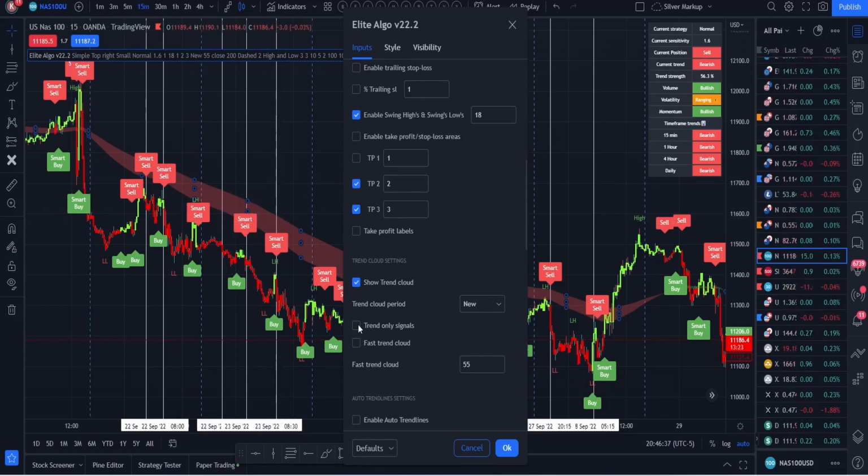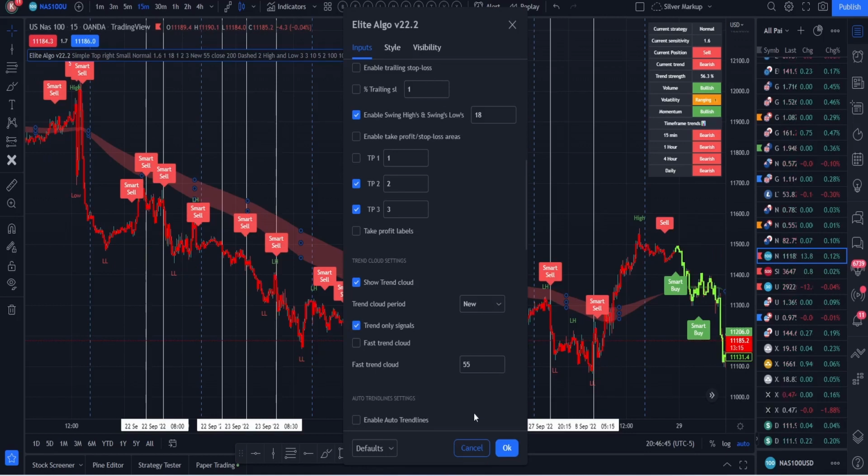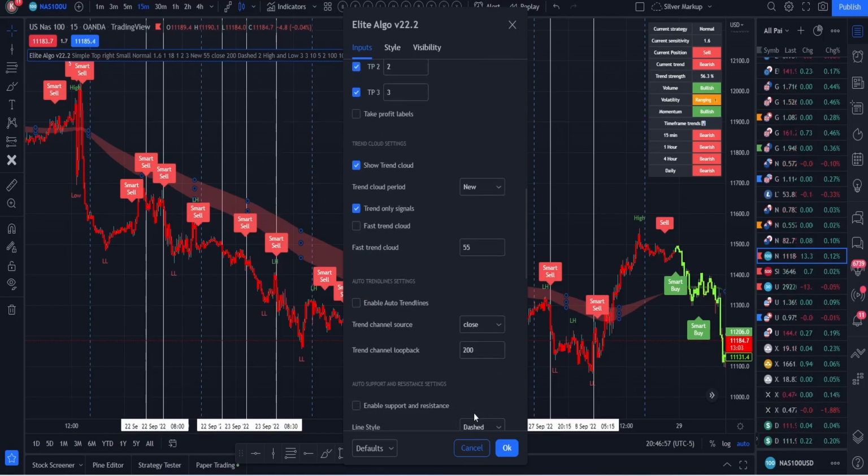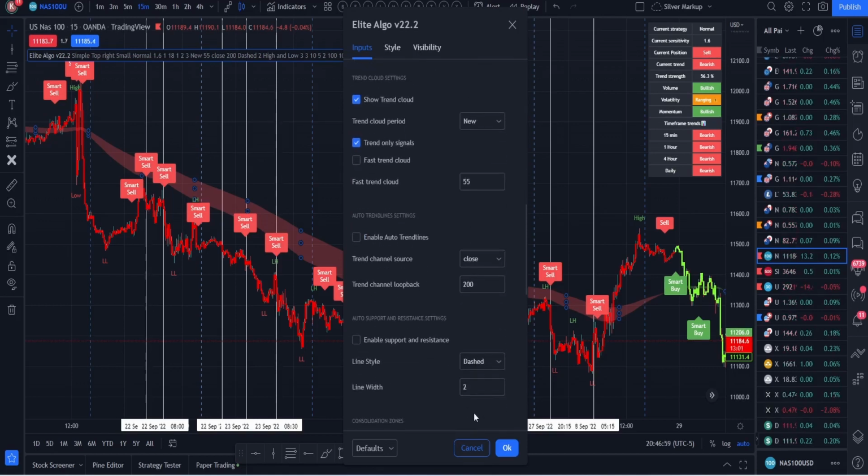But here is something I always have on, trend only signals, because I only trade the trend. I'm not really concerned with counter trend trades. Me personally, I do quite fine with just looking for the trend and not trying to time the markets for reversals, even though doing a reversal every now and then can be fun. It's also very risky. It's more of an adrenaline pump from guessing the right area.